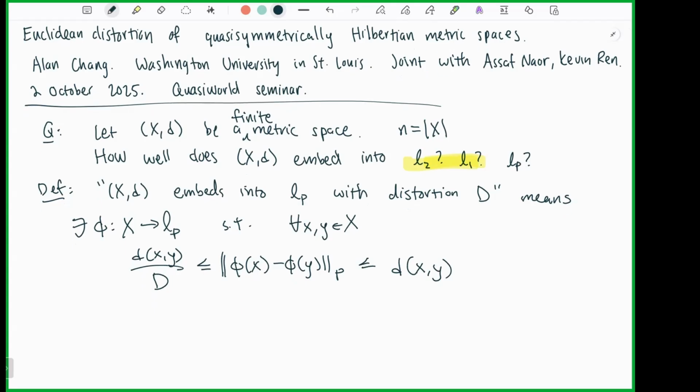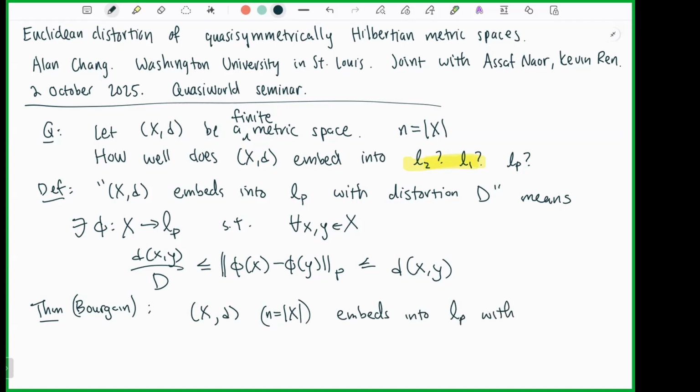One fundamental result in this area is a theorem by Bourgain from the 1970s, which is that any finite metric space embeds into Lp with distortion at most a constant times log n.